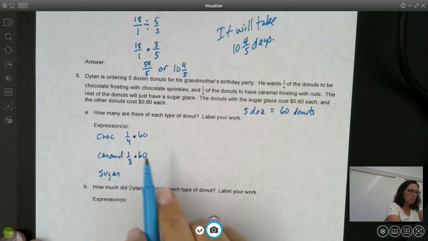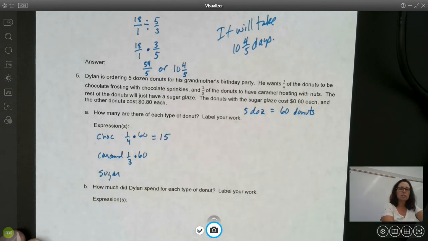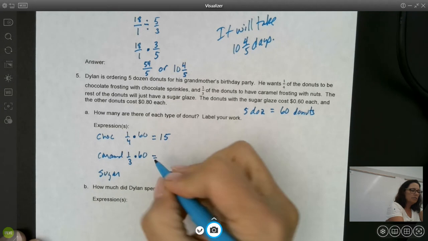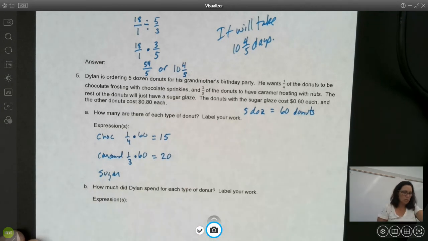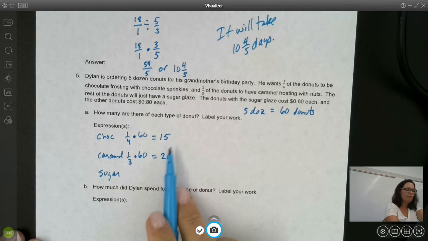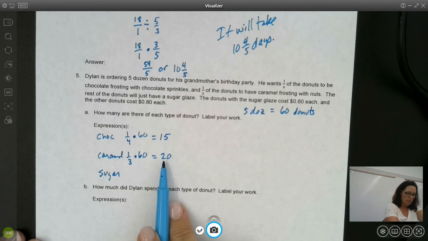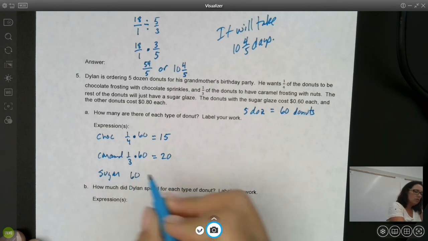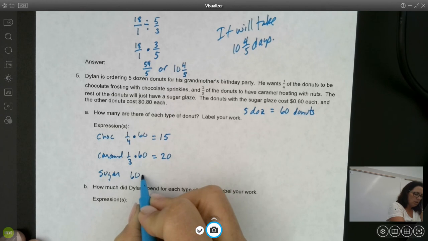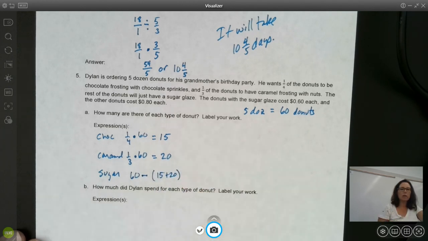So let's take a quarter of 60. A quarter of 60 is 15. A third of 60 is 20. Do you understand that there are 35 total chocolate and caramel together? So if we're going to find out the sugar, we're going to take the total of 60 and subtract off 35.